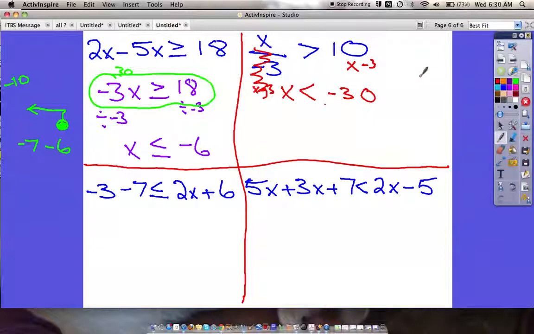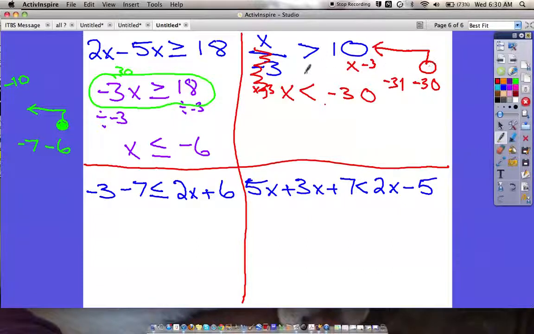So if I graph this, negative 30, we've got our open circle here because it's not "or equal to," and then I need smaller than negative 30, so it'd be going this way. So I'd have like negative 31 over here. So let's try a few things here.